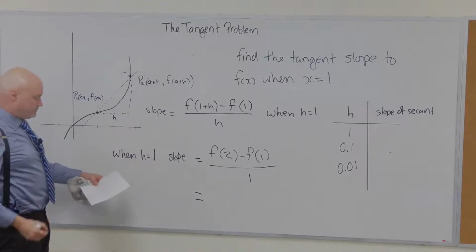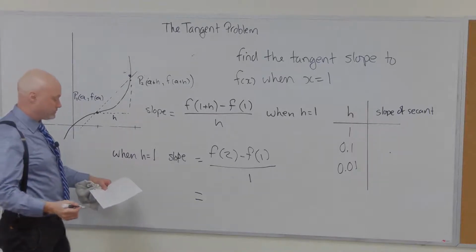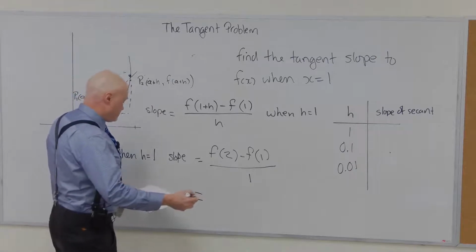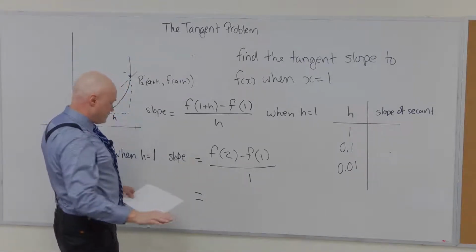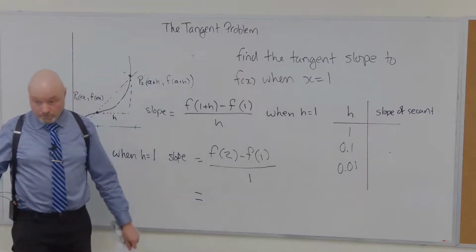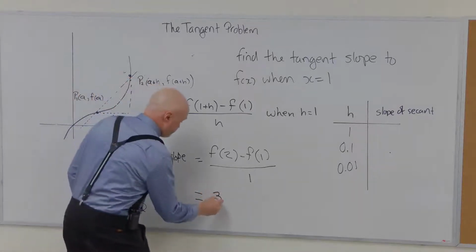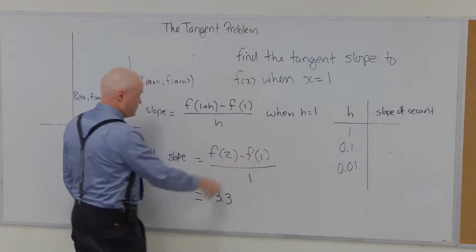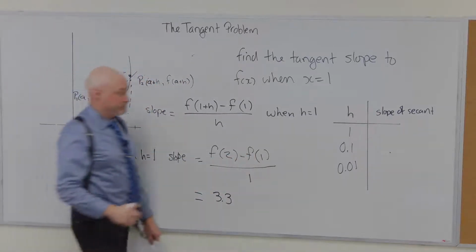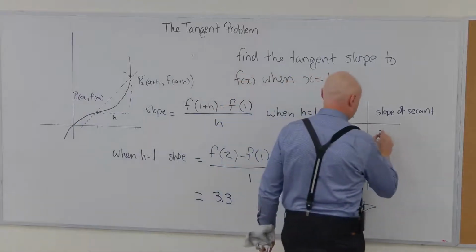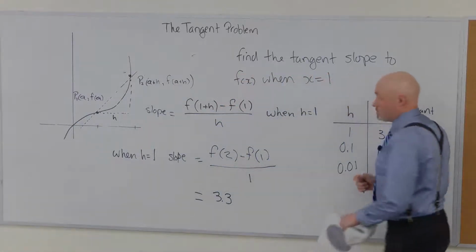All right. So this actually calculates to 3.3. If you plug these numbers in and divide by 1, you get 3.3 for your slope when h is 1.